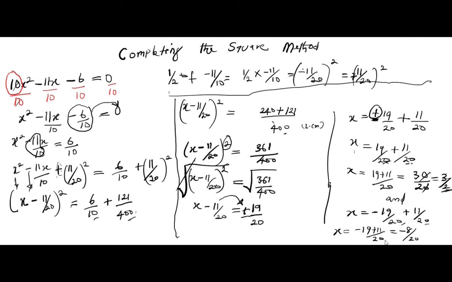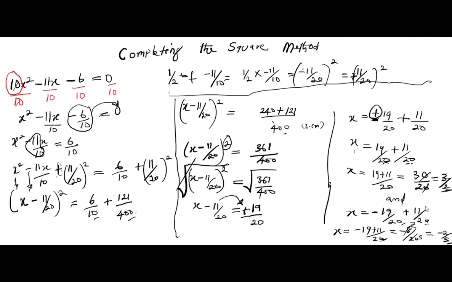Negative 8 over 20, if you divide through by 4, 4 goes into the top, that is negative 2, and 4 goes into the bottom, that is 5. So you have negative 2 all over what? 5.